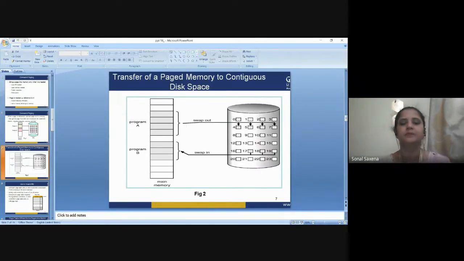So this is what happens. It needs to be stored in the secondary.